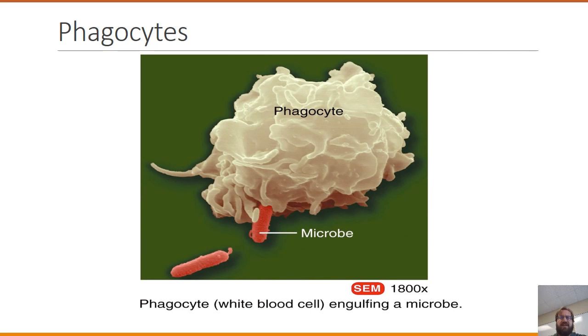One non-specific response is phagocytes. Remember that neutrophils are phagocytes that will track down and gobble up bacteria. Macrophages are much larger phagocytes that will gobble up things as large as other human cells.